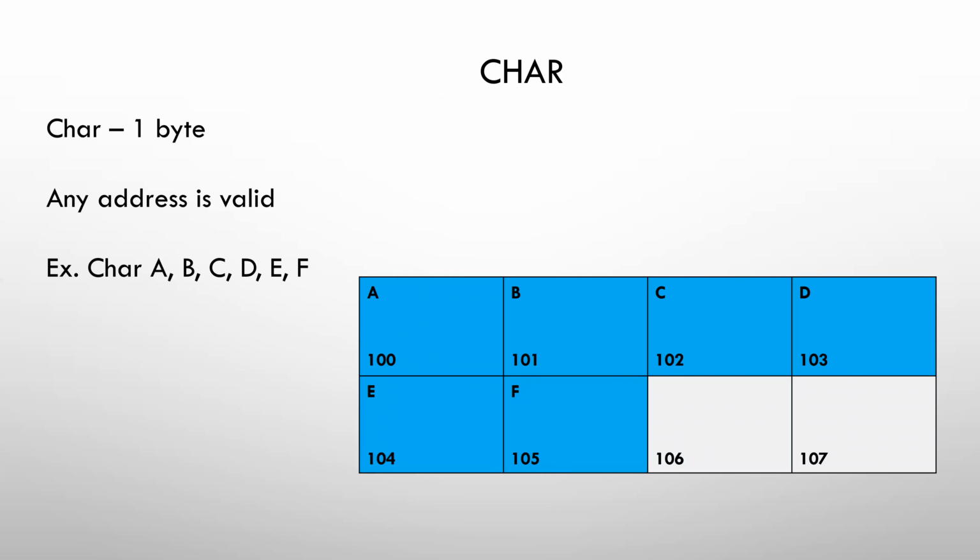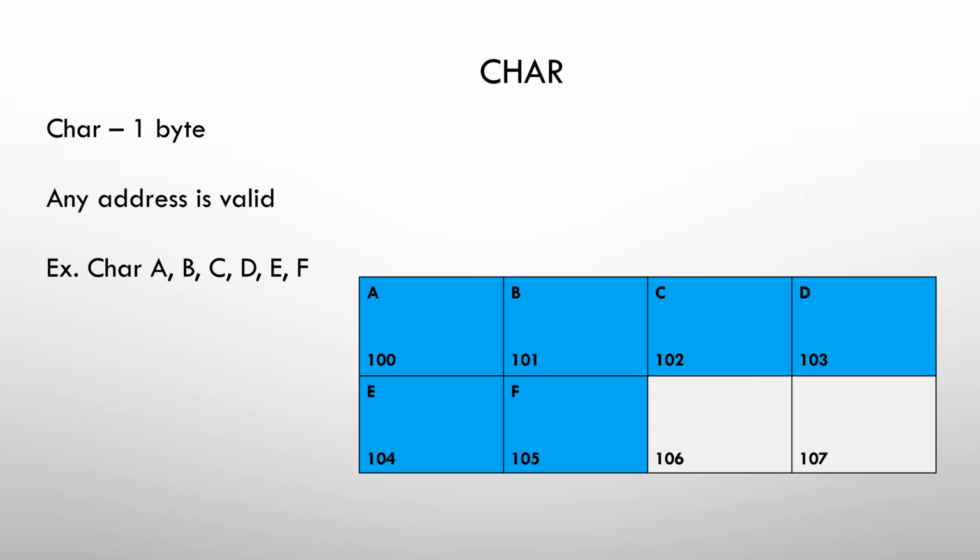We have a char, which again is 1 byte. Because it's only 1 byte, we can use any address in the memory to store that char. In this example, I have char A through F, and as you can see in the image below, every address in the memory is blue, which means it's okay to be used for the char.